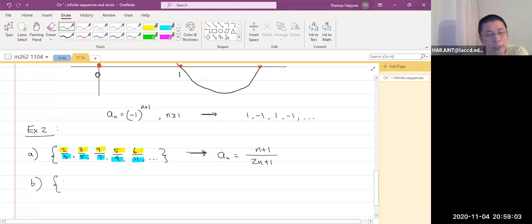Suppose I have -3 over, -3 over 5, positive 2 over 25, -1 over 125 and then 0, and then positive 1 over, I don't know, it's too big. Can you tell the formula?